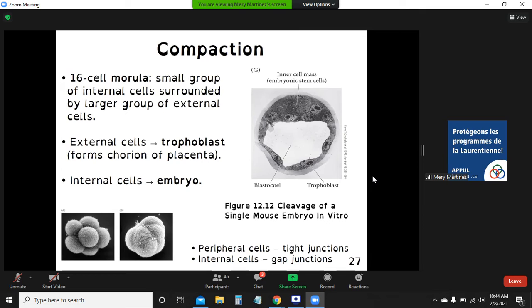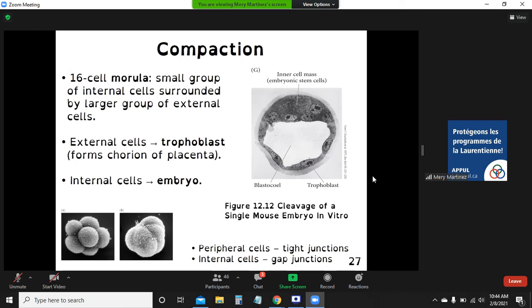Okay, so these trophoblast cells produce extra-embryonic structures such as the chorion, the extra-embryonic membrane, and a portion of the placenta. Okay, so the placenta is really important because that enables the fetus to get oxygen and nourishment from the mother.